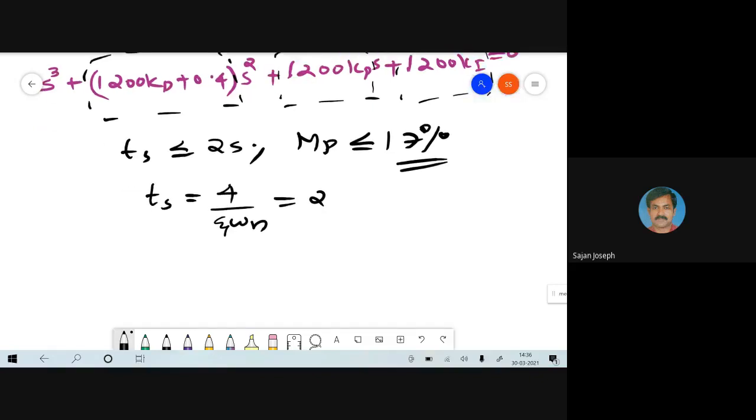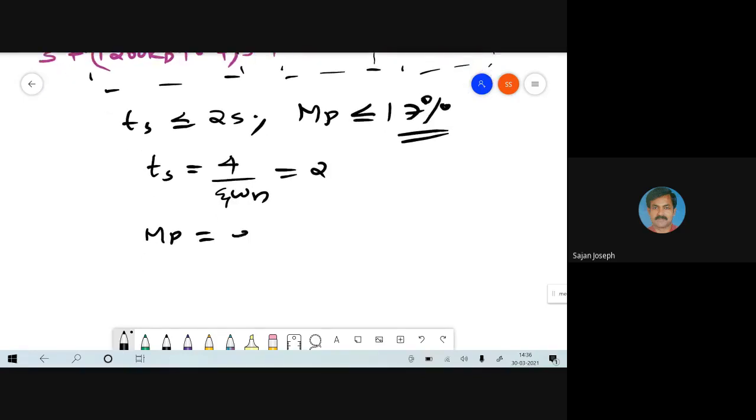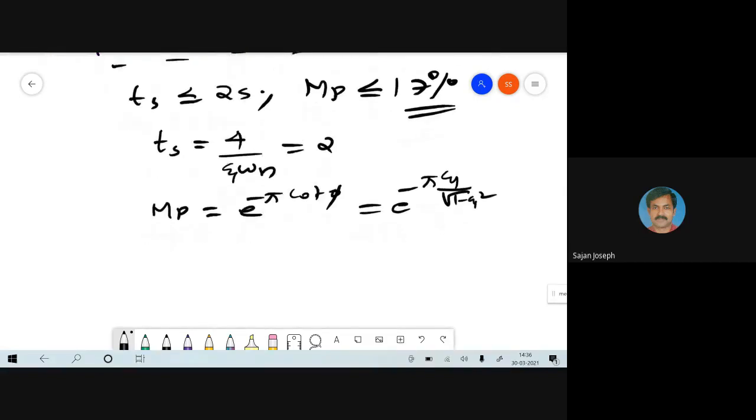And the maximum overshoot, what is the expression? The maximum overshoot is e raised to minus pi epsilon divided by square root of 1 minus epsilon square, and this is given as 0.17 or 17%.